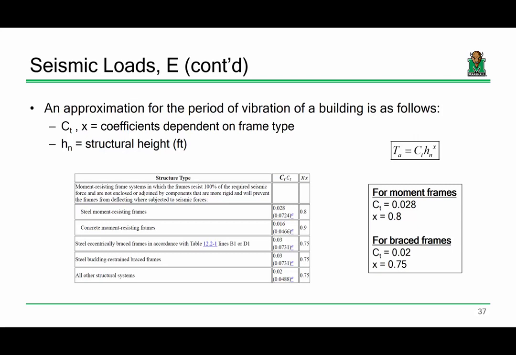They're going to respond differently and have different natural frequencies. So all you need are the type of frame, those associated constants, and the height of the building. With changes in the height of your building, you get a different period. And that's basically it in a nutshell.